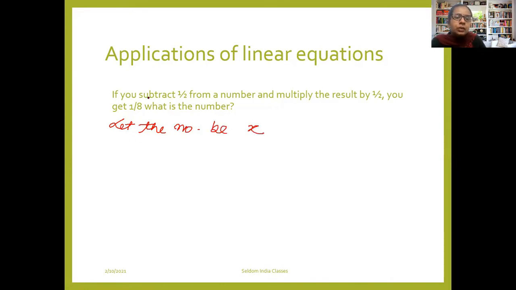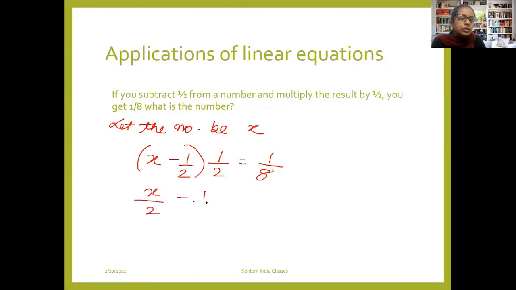Now, subtract half from this number and multiply the result by 1 by 2. You will get 1 by 8. Now, multiply half inside. x by 2 minus 1 by 4 equals 1 by 8. Now multiply the whole equation by 8.